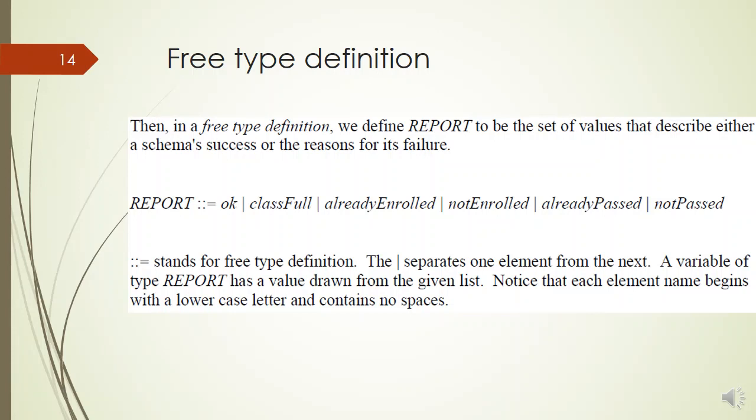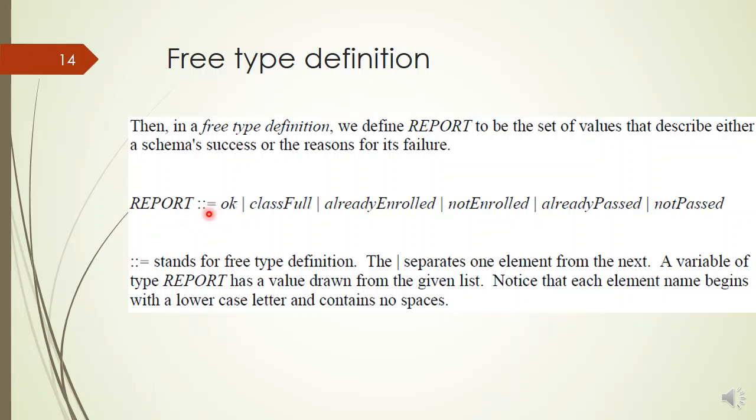This free type is basically used to define different messages or different values of free type variables, and free type definition is described by two colon symbols and an equal symbol.